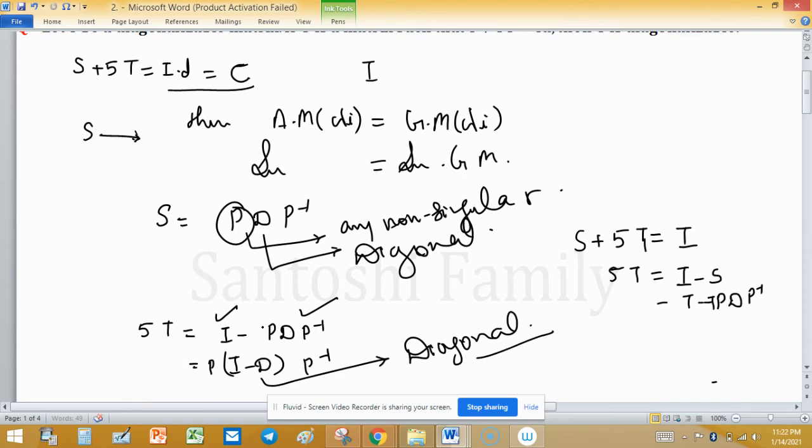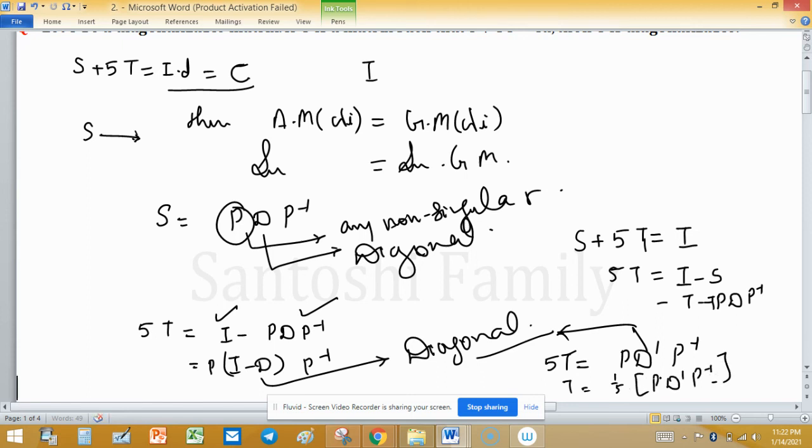You can write D prime in place of I minus D. So 5 times T equals P D prime P inverse, where D prime is a diagonal matrix of correct size. If we divide by 5, this can be written as T equals one fifth P D prime P inverse.